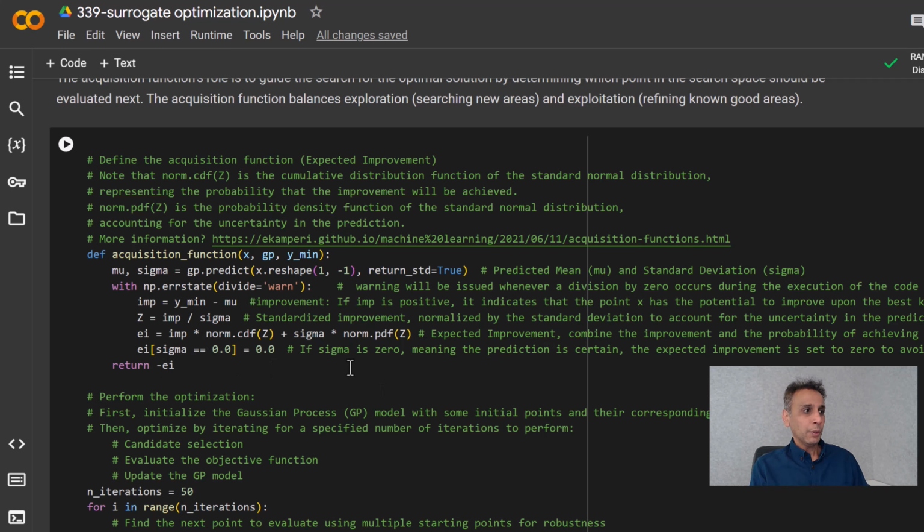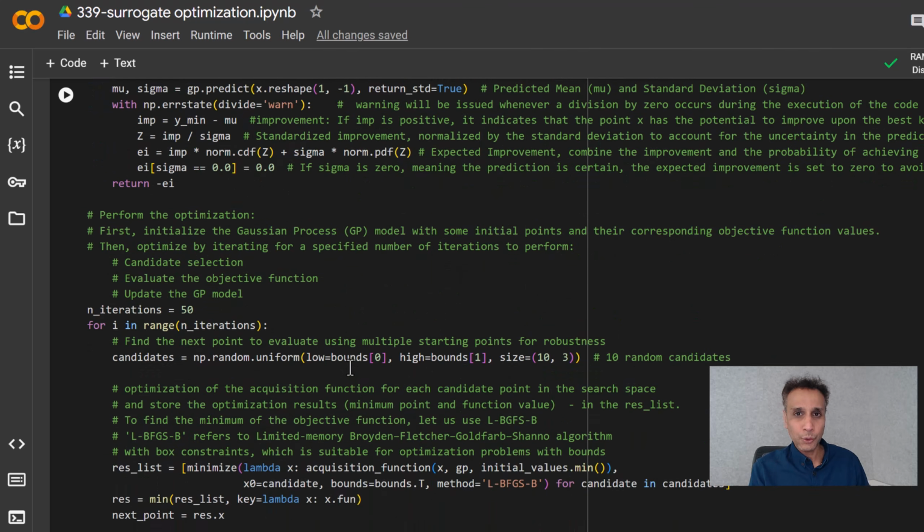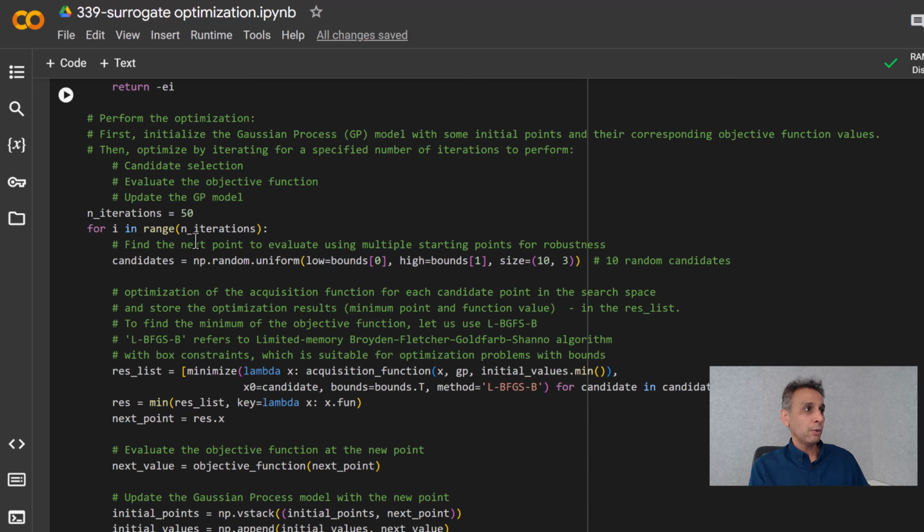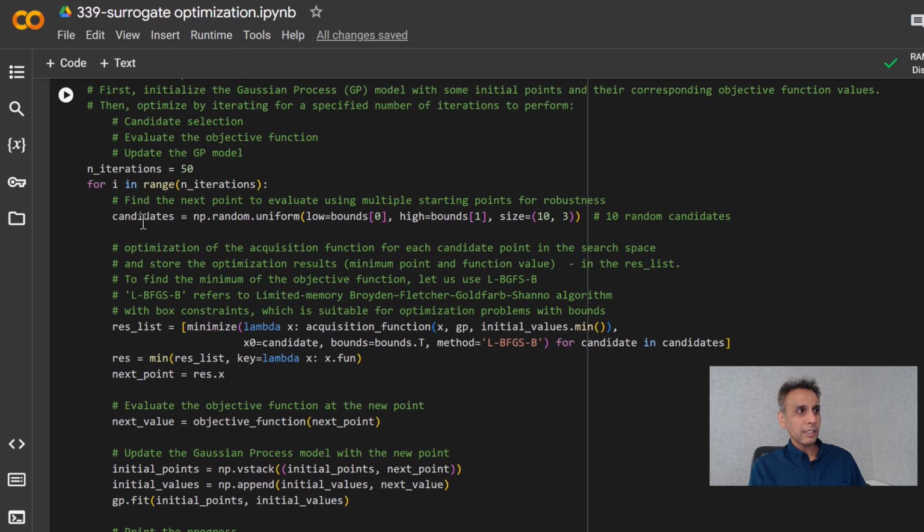Okay. Now comes the actual loop where we are going through these different data points. So do this for 50 iterations. Go ahead and look at the candidates. The candidates we are going to generate randomly using uniform, with a lower bound of -10 in our example and an upper bound of 10, and create 10 random candidates of size 3 because we have X, Y, and Z in our case.